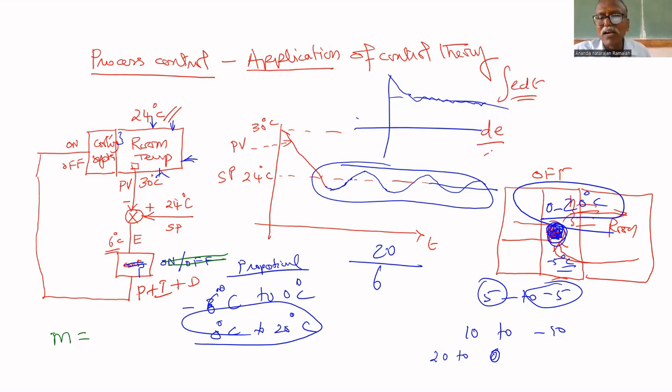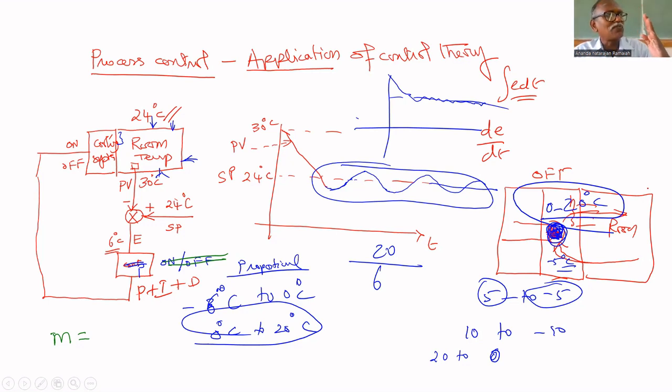dE by dt will give what? Derivative. What is the physical meaning of dE by dt? Speed, velocity. At what speed does the error increase?